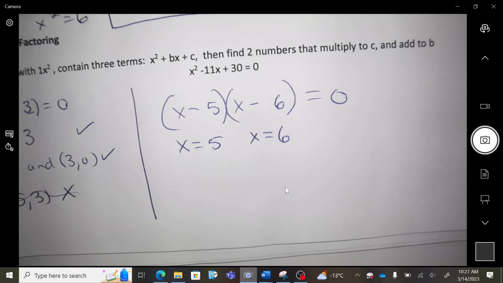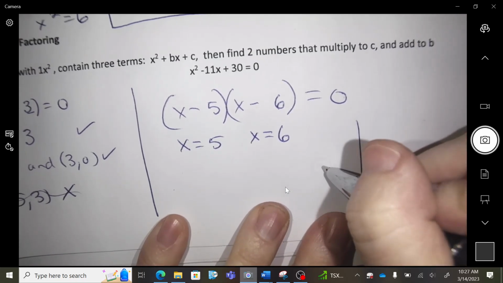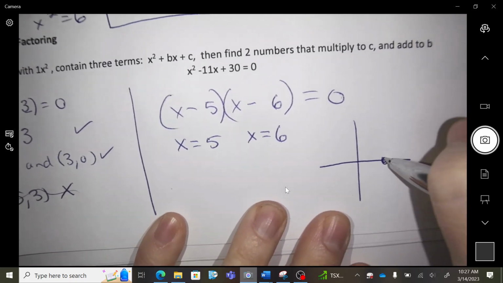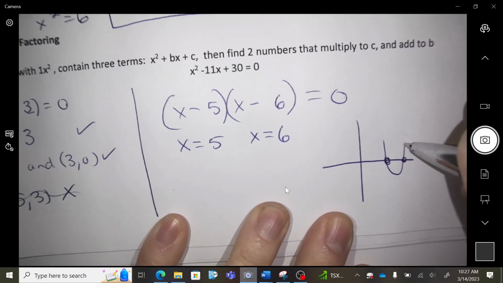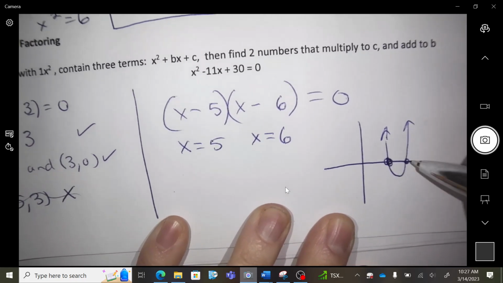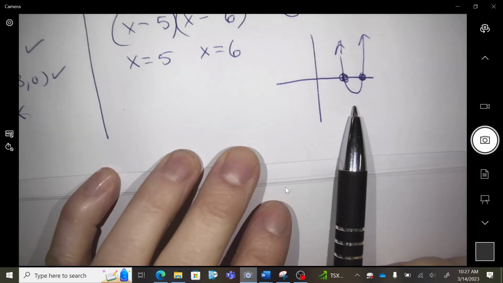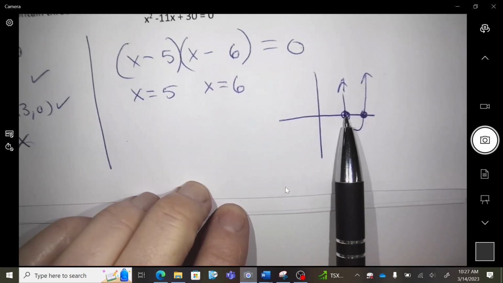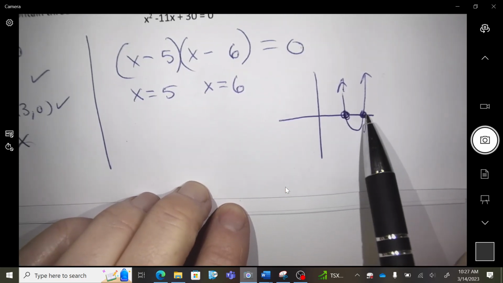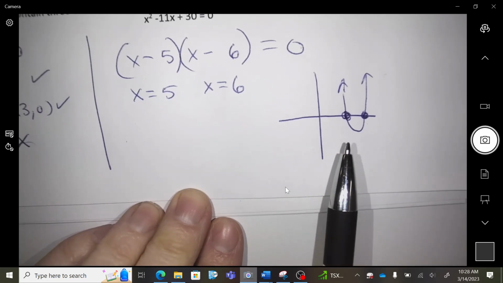Okay, did we match? Multiplies to 30. Do you understand what this is all about again? What does it mean? It means my parabola, my quadratic, has an x-intercept at 5 and at 6. This is what it's all about again.